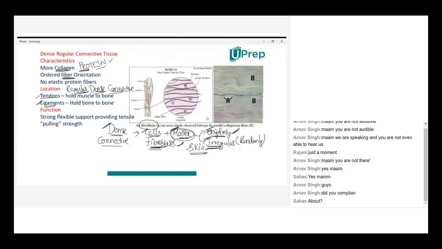If they are arranged regularly, then we call it regular dense connective tissue. Example, tendons and ligaments. I'll discuss these two terms in detail later. Next slides. Then if the fibroblasts produce collagen fibers which are arranged irregularly, then that is called irregular dense connective tissue. You'll find such tissue in skin.